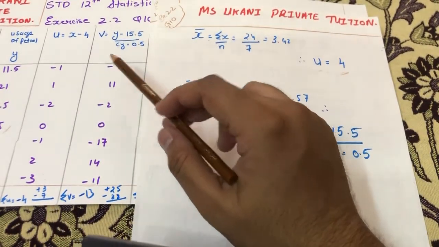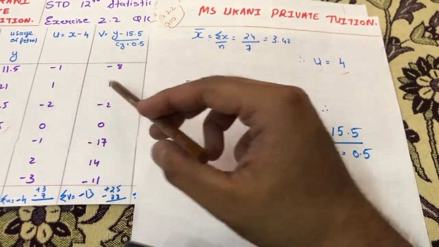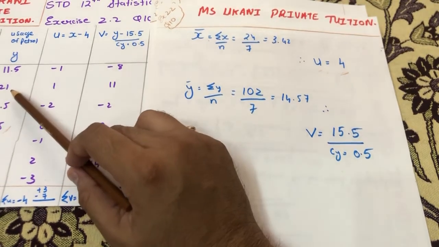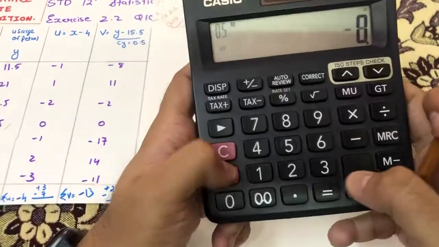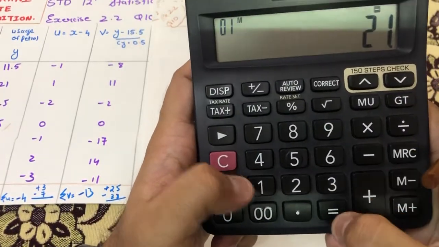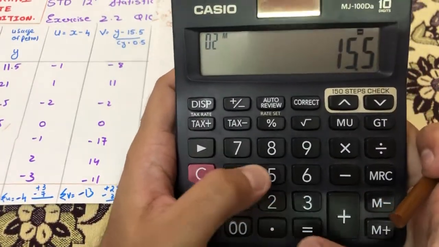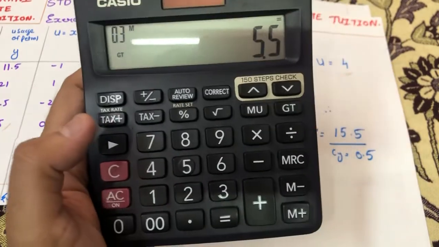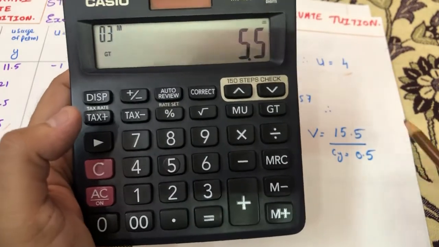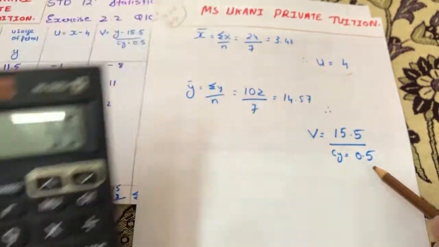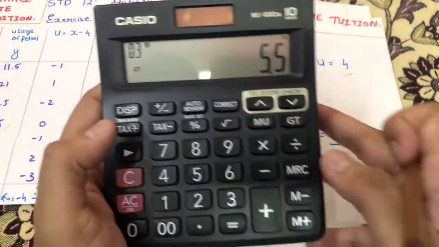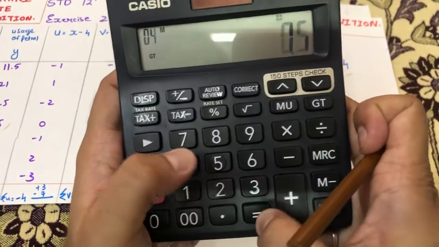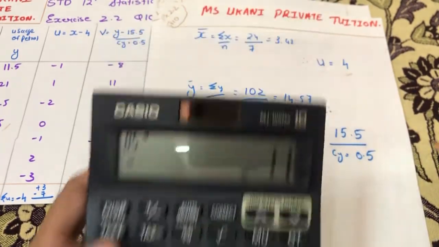Again, our Y is 21. So 21 minus 15.5. Here the answer comes in decimal, that's why we decided to take class length 0.5, to make the number natural. Now we divide by 0.5, so our answer will be 11.